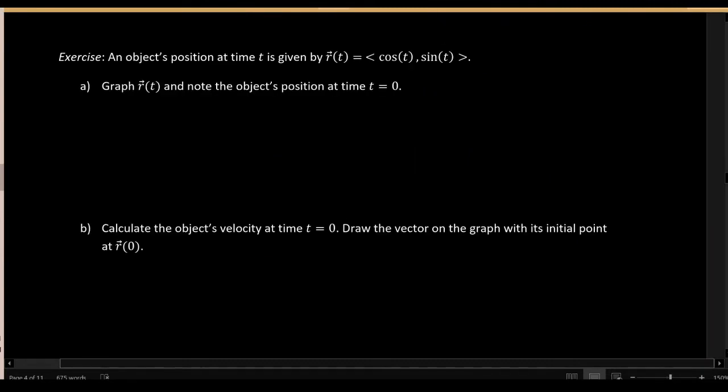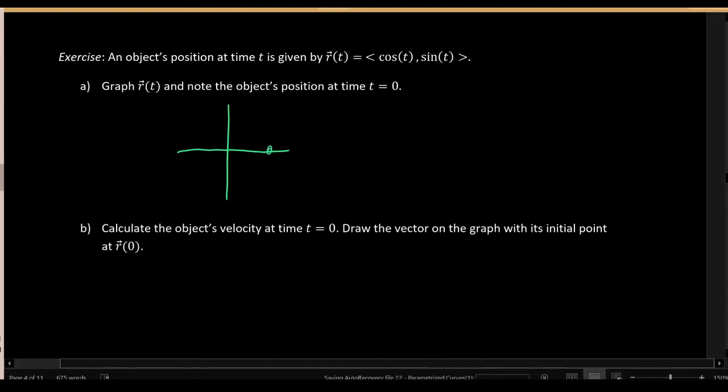Let's do some physics exercises in the case of an object moving around a circle of radius, in this case, 1. And since this t value is not being multiplied by any additional scalars, this is moving at the standard speed, making one revolution in 2 pi units of time. So let's recall that when we graph a vector-valued function, we are basically graphing the path along which the object moves if its position is measured by this function r of t.